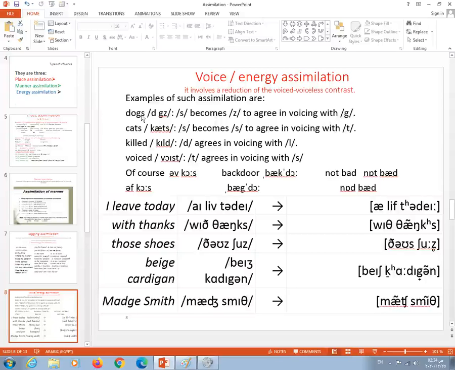So here it's the same as what we said before. As for cats, what will the plural "s" be pronounced as, "s" or "z"? It will be pronounced as "s". Why?